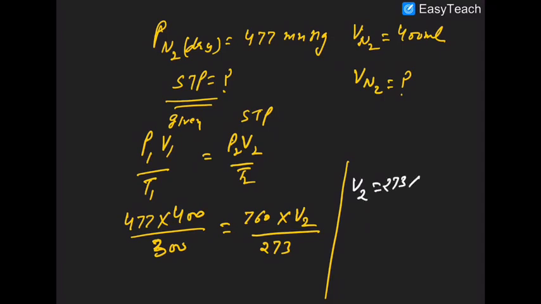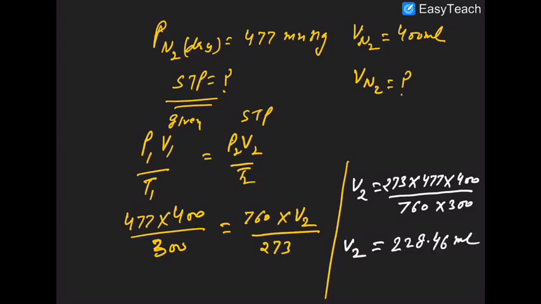It is 273 into 477 into 400 divided by 760 into 300. So when we solve it, it comes out to be 228.46 ml. Is that clear to you now? Very much clear.